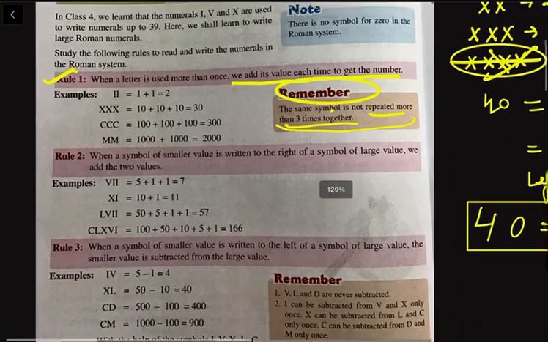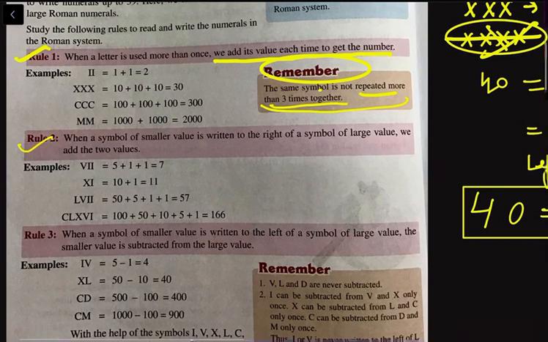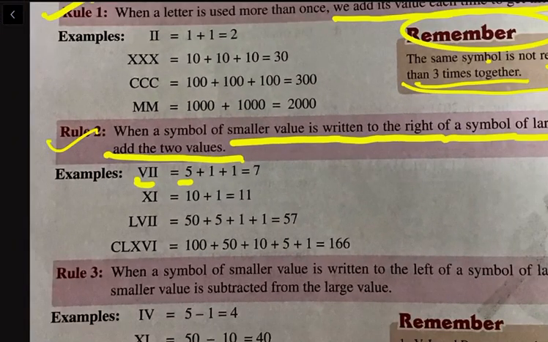We have some other rules. Rule number 2. When a symbol of smaller or equal value is written to the right of a symbol of larger value, we add the two values. Just for example, VII means V stands for 5, I stands for 1 and I stands for 1. 5 plus 1 plus 1 is equal to 7.